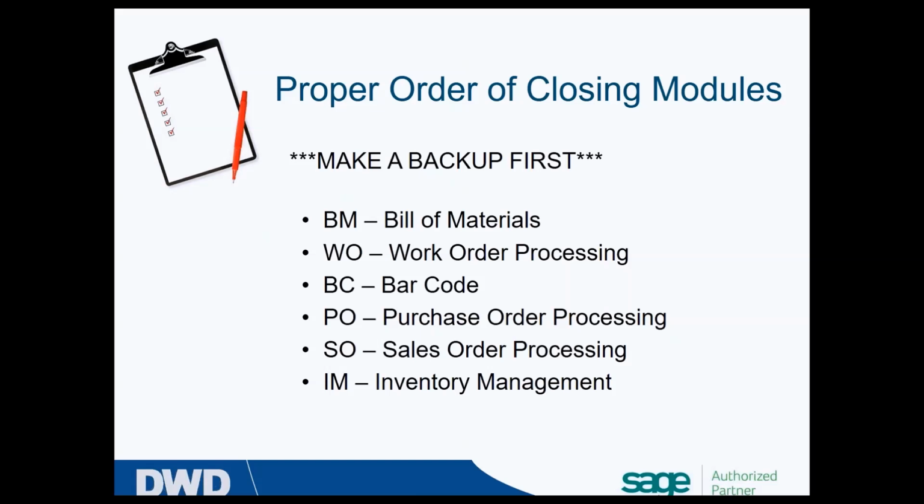So we're going to talk a little bit about what we do at year end, and like I mentioned earlier, this is pretty applicable to month-end processes as well, with the exception of payroll, and I'll focus on payroll a little bit later. But when you are going through your year-end or even a month-end checklist, we always talk about closing modules, and my recommendation is make a copy of the company first.